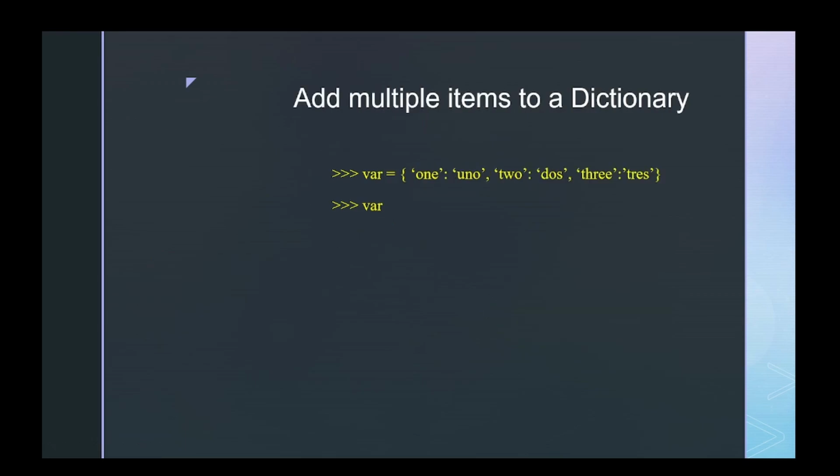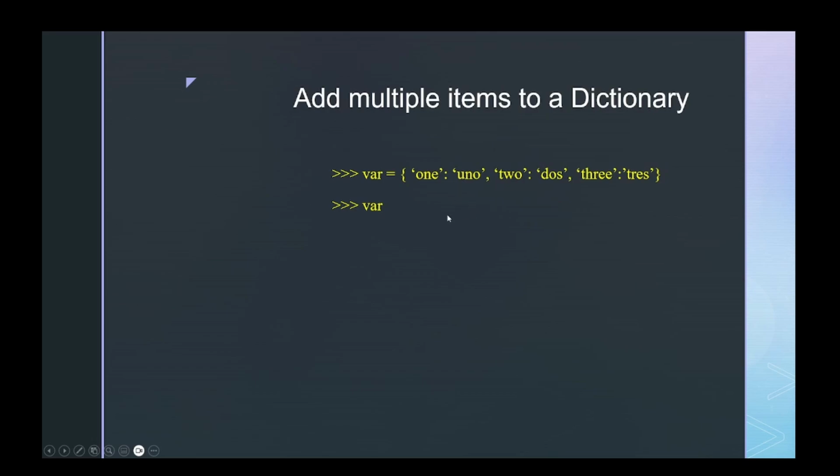I can also add multiple items to a dictionary at one time. In this case, I say my variable equals, and I have the open and close curly brackets. And I say 1, 2, and then comma. So there's a comma separating each of the key value pairs, and then the colon separates the key from the value.